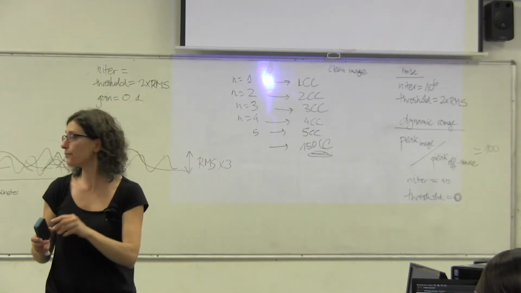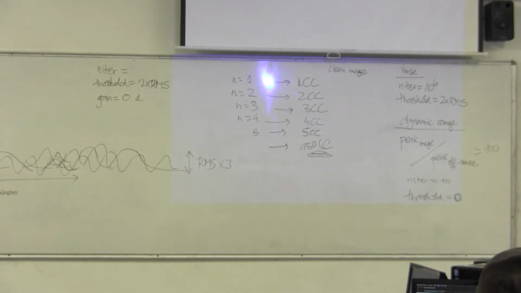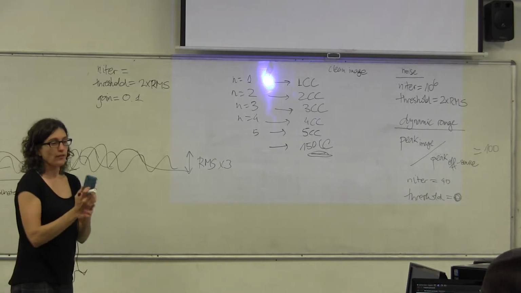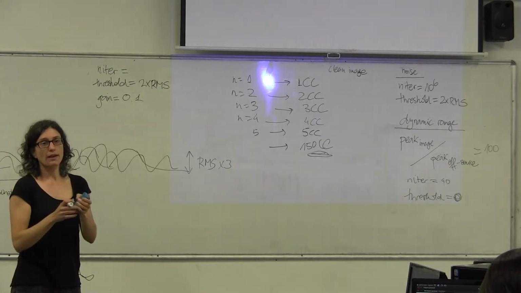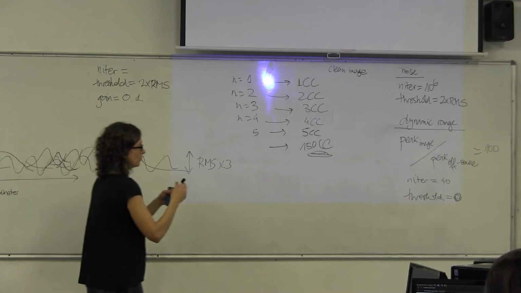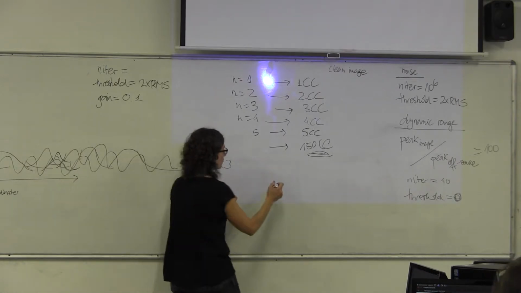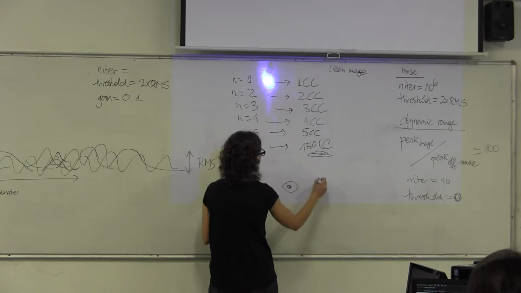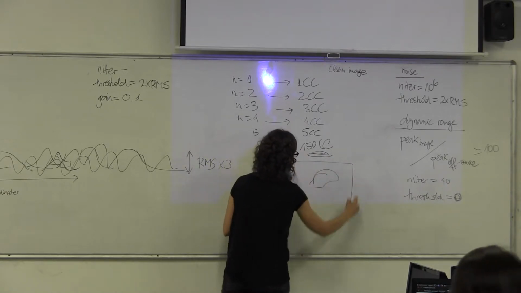What you need to do, I think I also have put it in the slides, you can do it later. If you are willing to stop this way, what you do when you have your clean image is go off source. You have your bright source here, another extended source. This is your image.